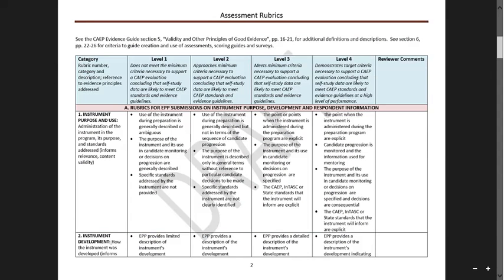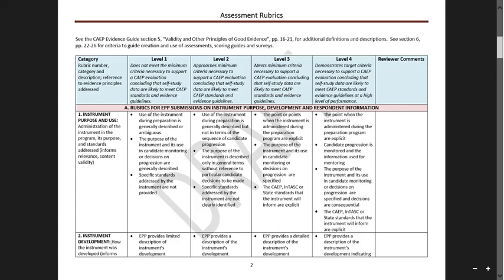The 4 levels of performance are recommended by some assessment people because it forces people away from going straight to the middle. In a 5-point rubric, often people will tend toward the middle, the same with a 3-point rubric, and so a 4-point rubric kind of makes people look a little closer at whether this is a 2, a 3, or a 4.